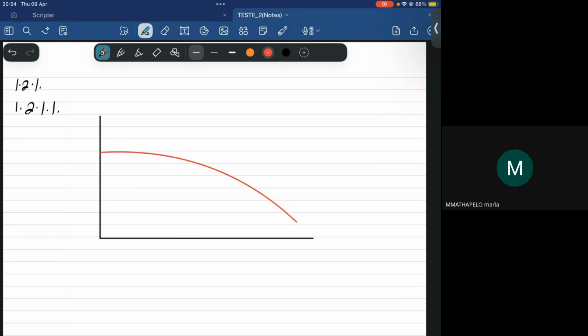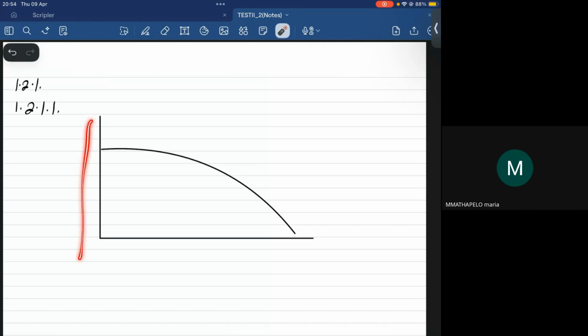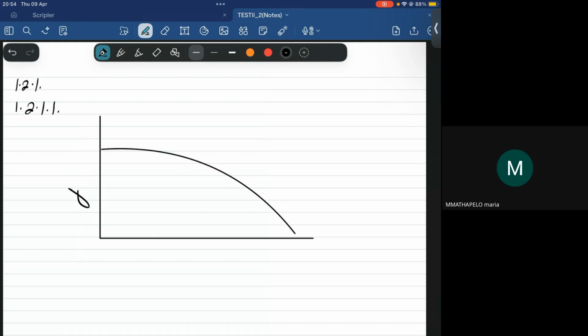It is a graph with one characteristic curve. So it will look like this. This is the graph of the head available in meters versus the volumetric flow rate.